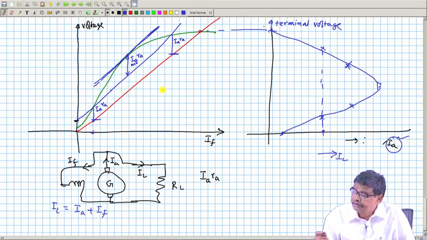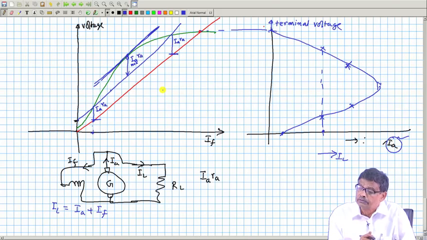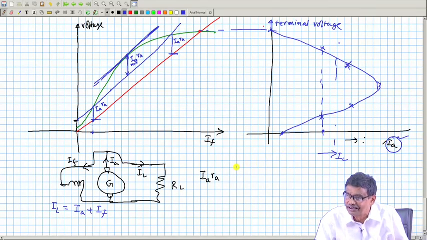Therefore, this is the story of a shunt generator, where both open circuit characteristics and load characteristics I have explained. Here also from no load to full load. Of course, full load will be here, do not worry about that. I will not go to this extent or things like that.